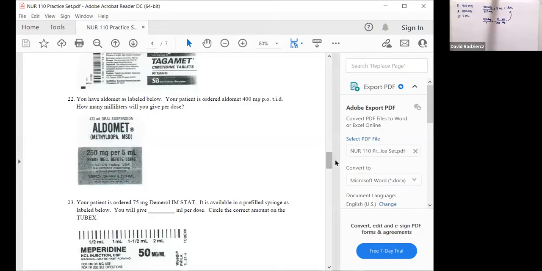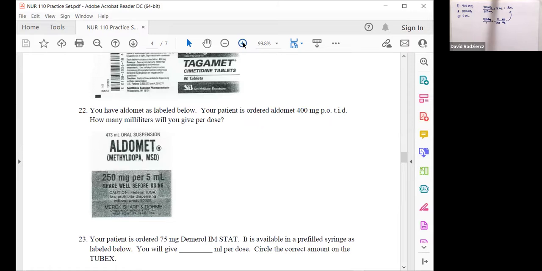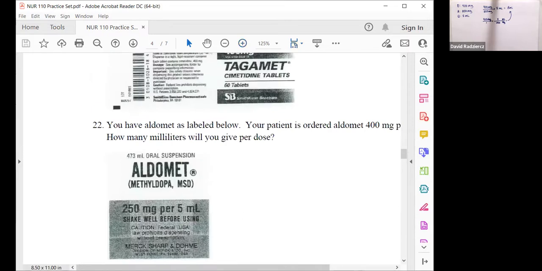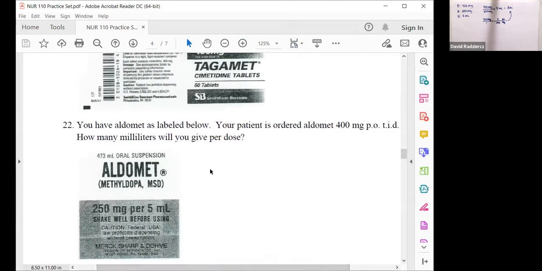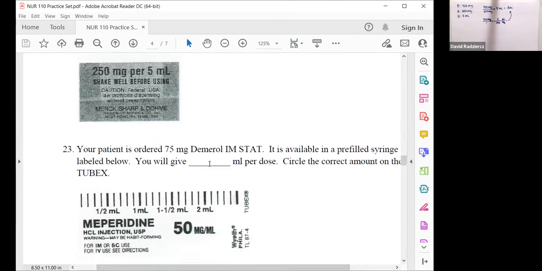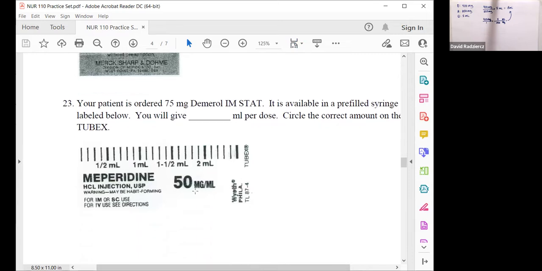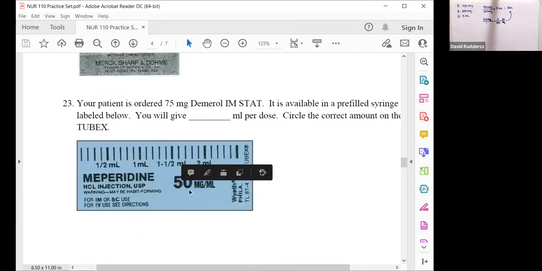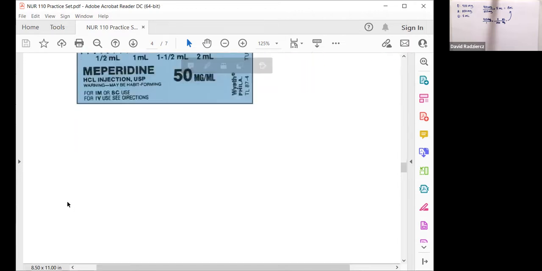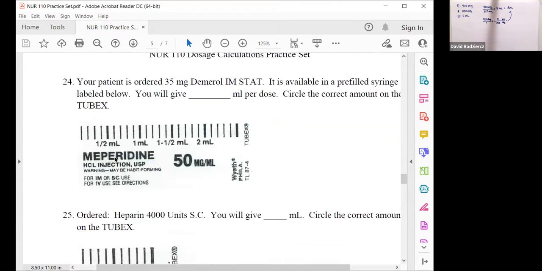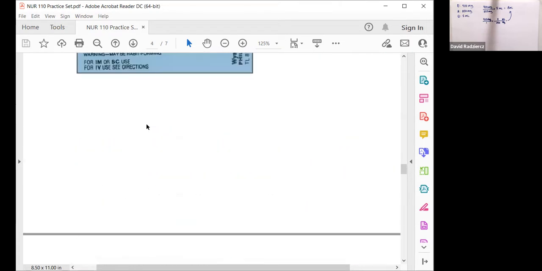So in the Allegheny OneDrive folder, there are a few other practice problems like the Aldamet that I just did. There's Demerol, and you can see that it's available in 50 milligrams per milliliter. There is another meperidine, which looks the same.